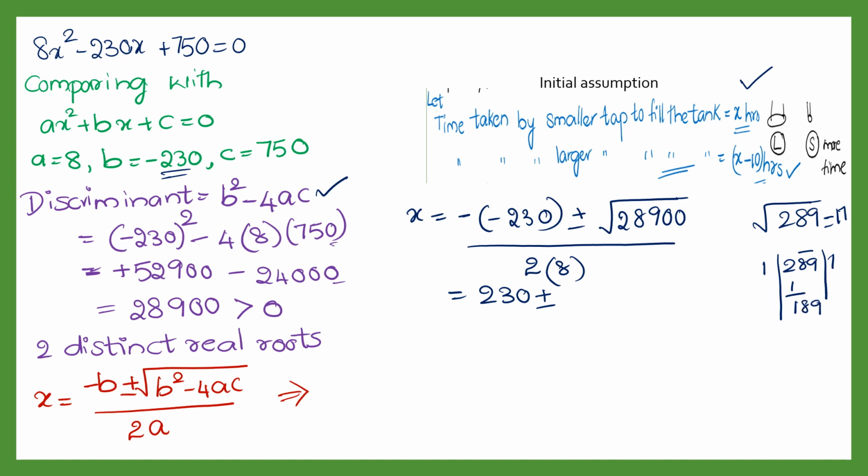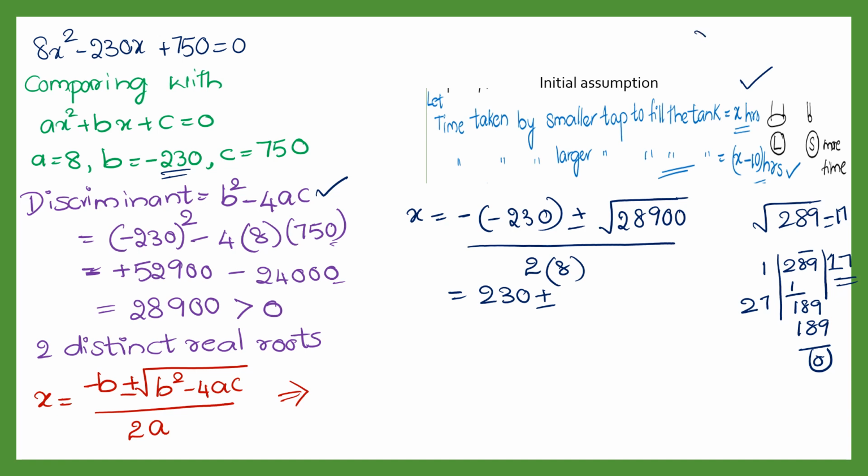Next, here you have what? 1. 1 into 2 is what? 2. Next, what should you do? Same number you should take. 7 into 27 is what? 7 into 20 is 140 plus 7 7s are 49. So 140 plus 49, 189. So this is a way. So the square root you got is 17.